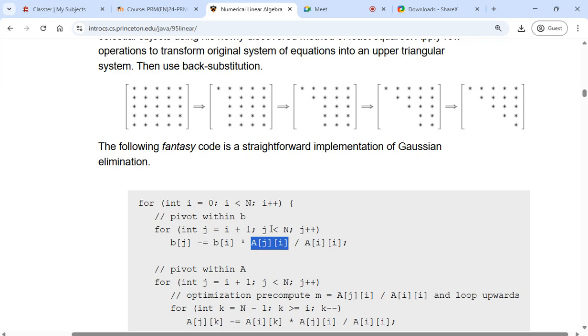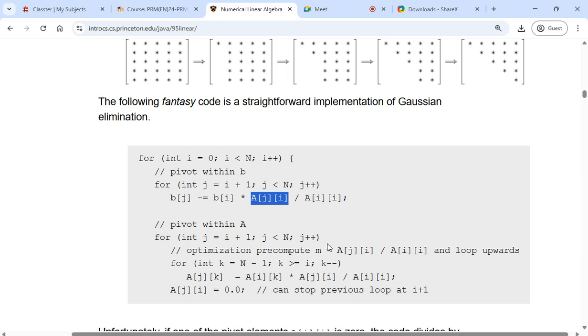So you are trying to divide by the element in the row, and then you divide all the elements there, but only for the same one. So these are the diagonal elements, basically.